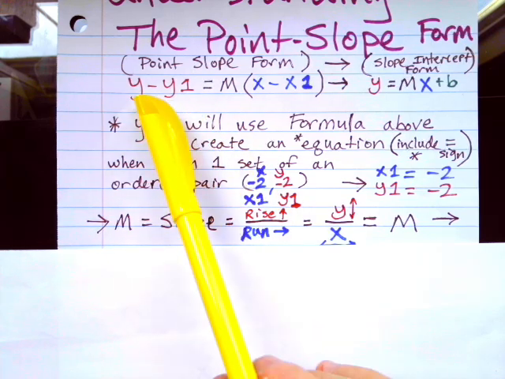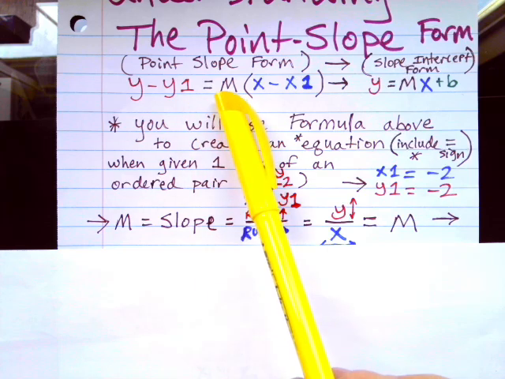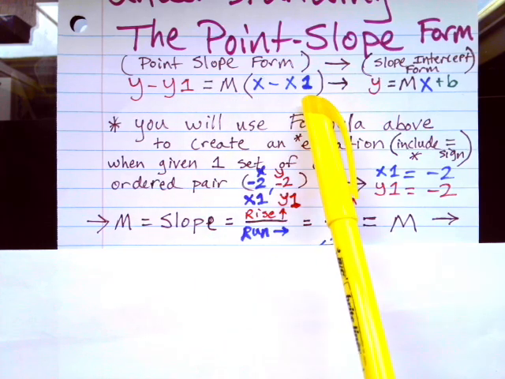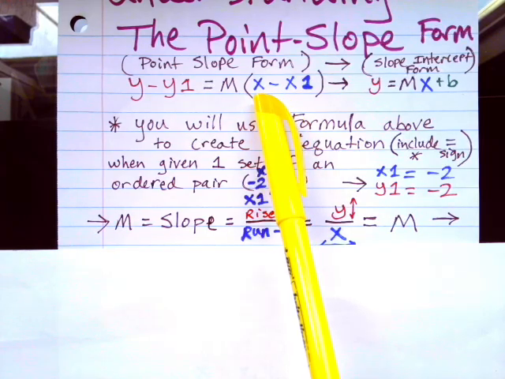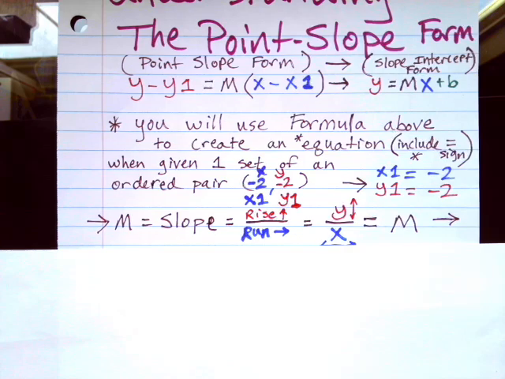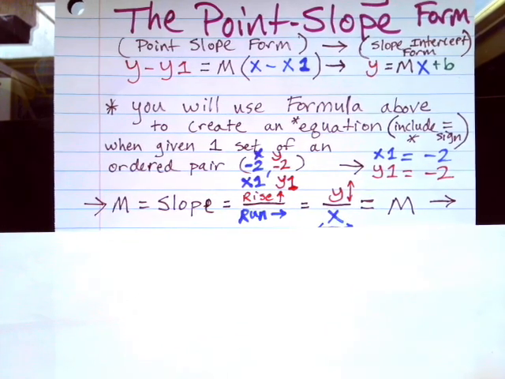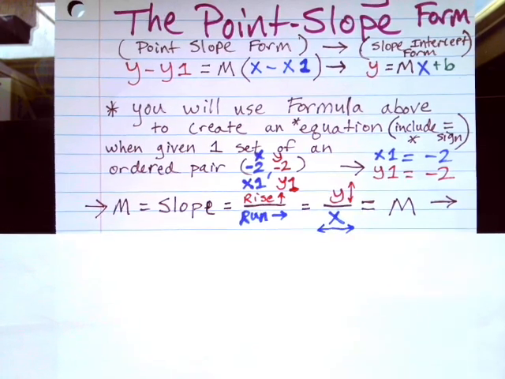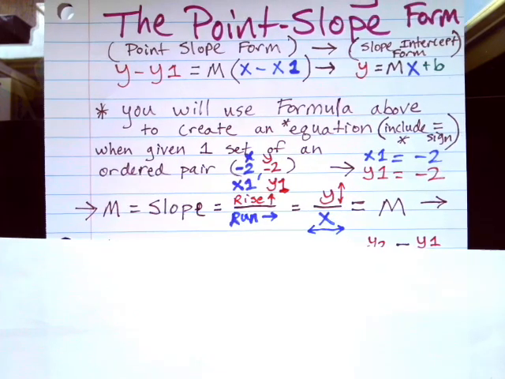You are given 2 ordered pairs, you're given the slope, and you're given one y value in another ordered pair but you're missing an x value. You could use this formula to find that missing ordered pair. I'm hinting because we're going to most likely use this formula later on to answer those 2 questions I introduced in the part 1 video.